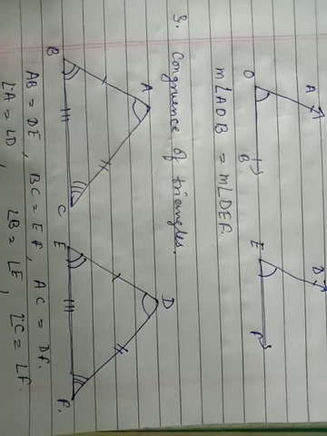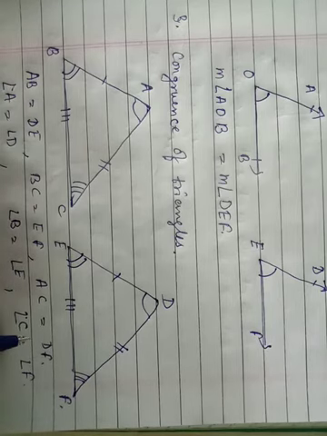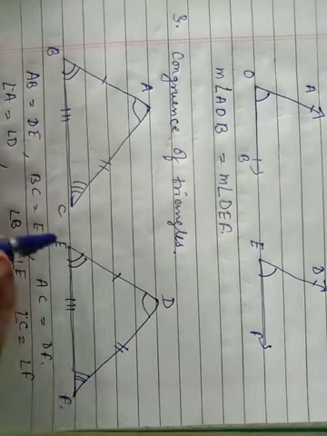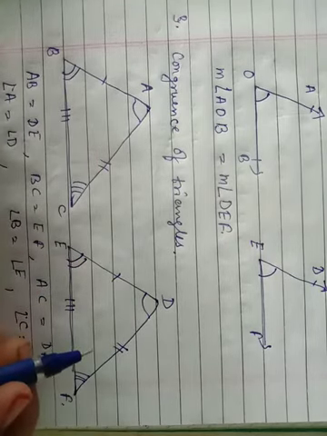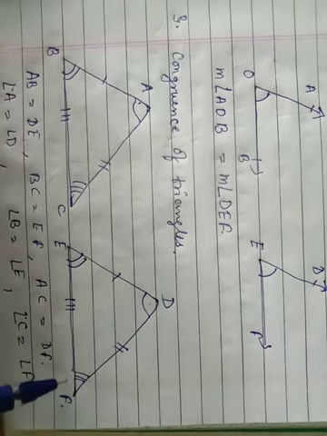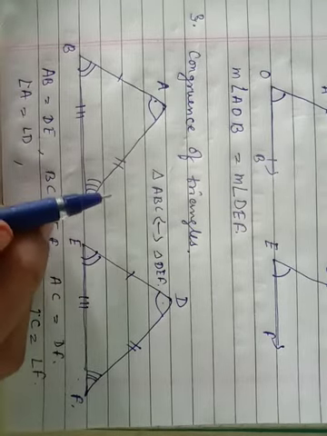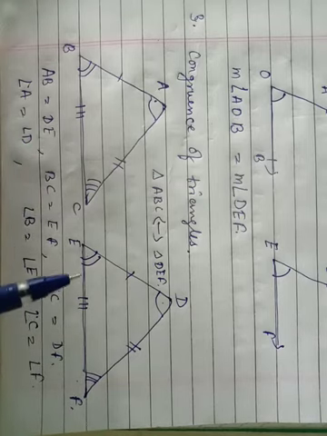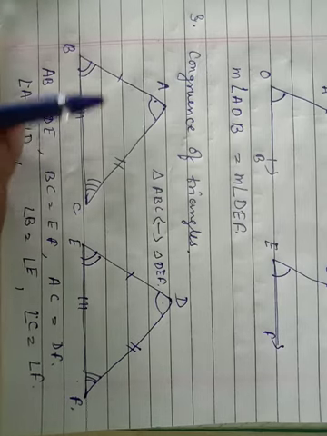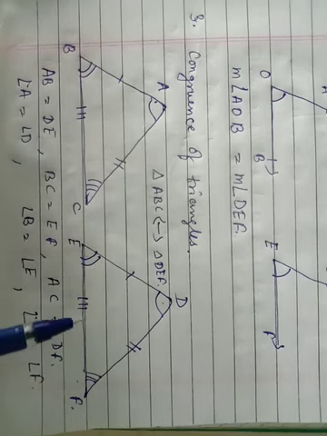So now let us suppose ABC superposes on DEF exactly when the vertices of ABC fall on DEF in the order A covers D, B covers E and C covers F. So two triangles are congruent if and only if there exists a correspondence between their vertices such that the corresponding sides and the corresponding angles of the two triangles are equal.